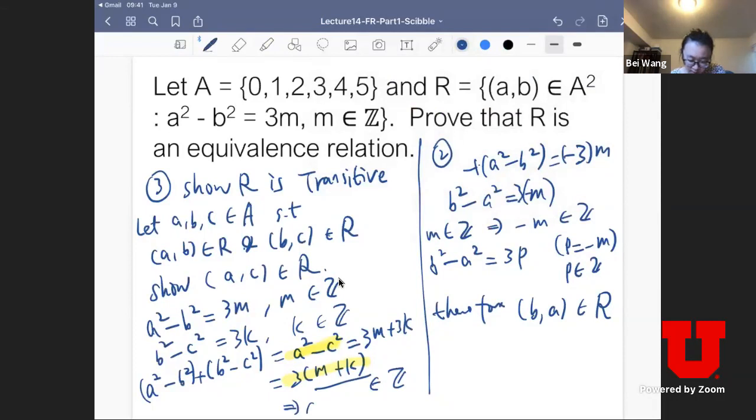So therefore, A and C is part of the relation as well.